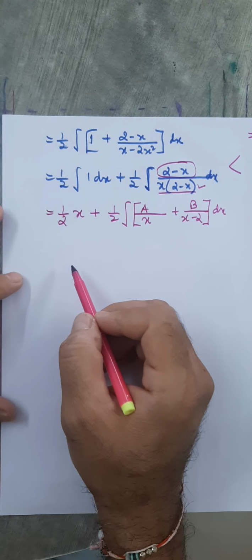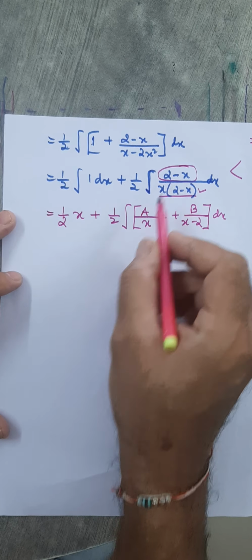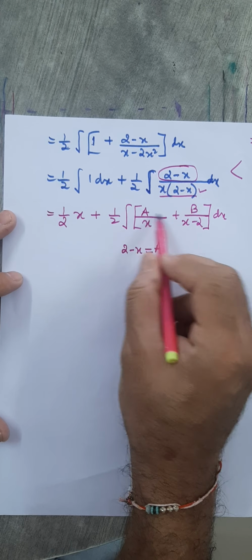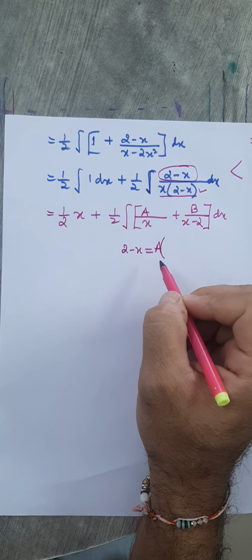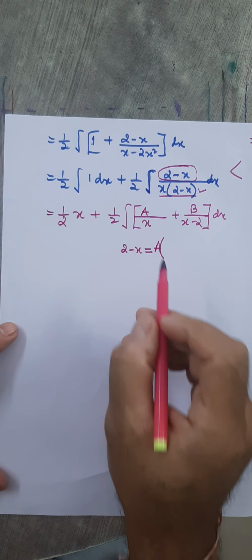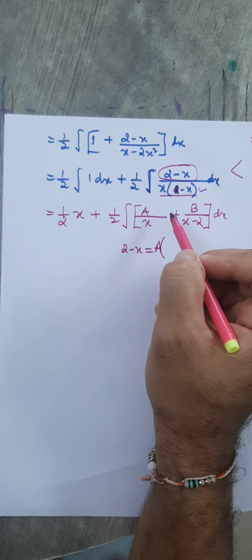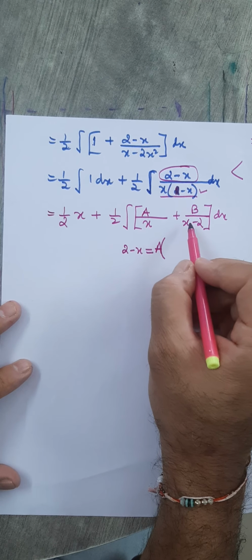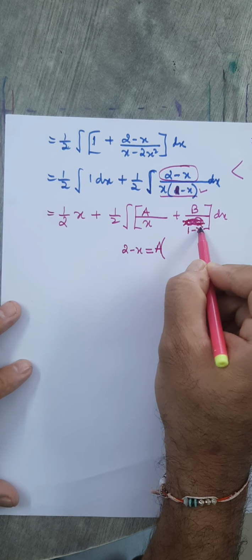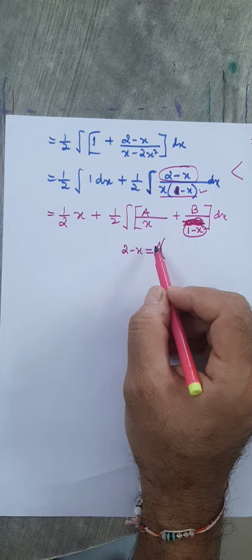Fine. Now compare the numerators here. If I compare the numerator, what is the numerator there? 2 minus x equals to A into... oh, what I did. I'm sorry, here if I take x common, this is 1 minus x. This is my mistake. So here this should be A upon x and here 1 minus x.